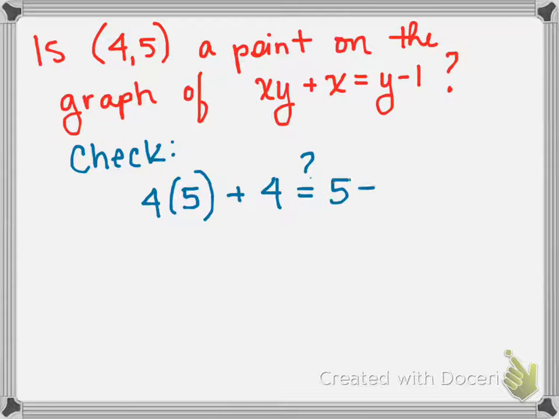So I want to know, is 4 times 5 plus 4 equal to 5 minus 1? And of course on the left we get 24, and on the right we get 4. That's not true. So the answer to the question is no. So actually it's quite a special thing to be a point on the graph of an equation.